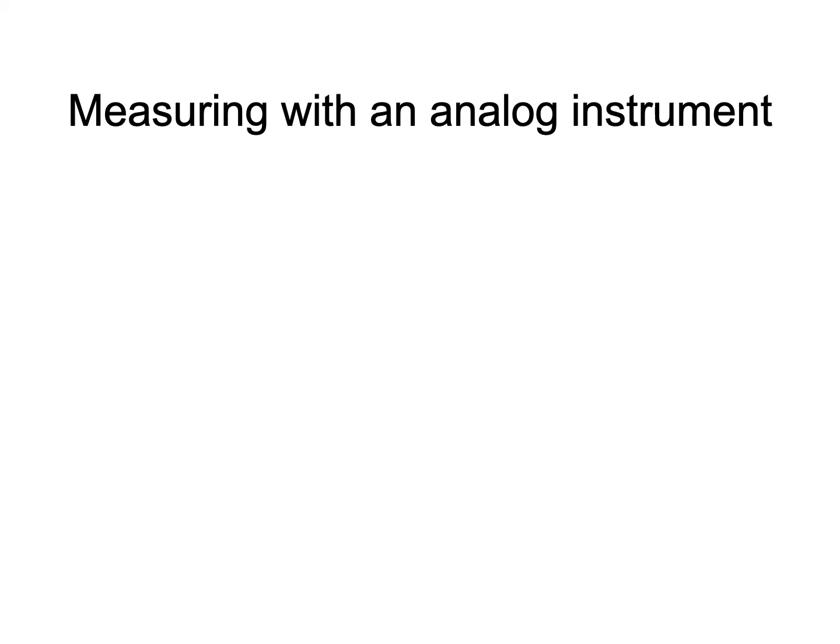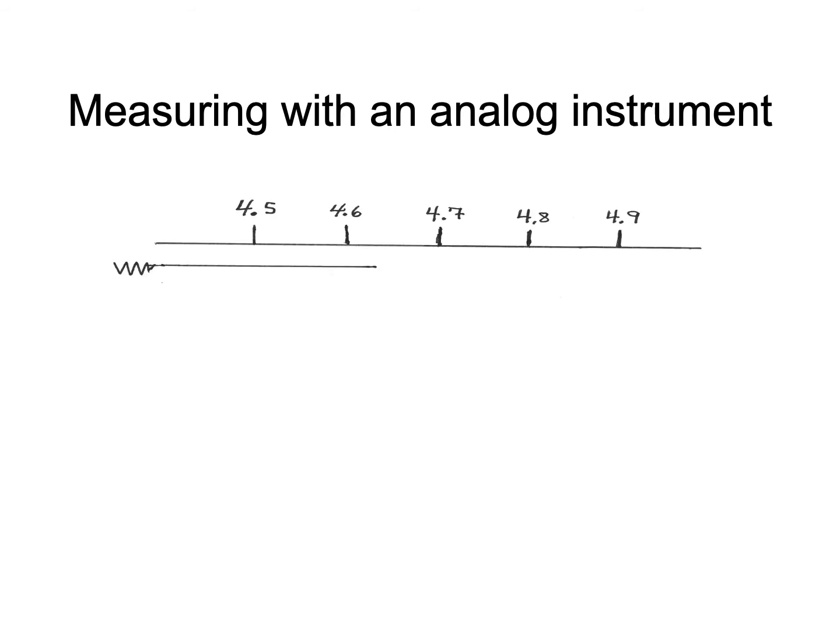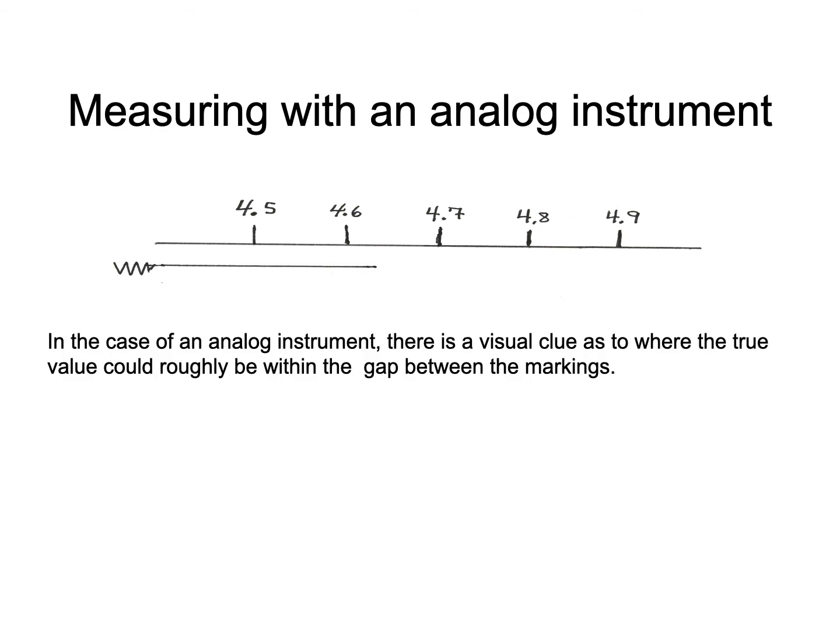Now on to the task of establishing the best estimate. The reason for choosing the middle of the range for a digital instrument was that no number between the numbers that the instrument could display was more likely than the others to be the real unknown quantity. This is not the case for an analog instrument. We have a visual clue.